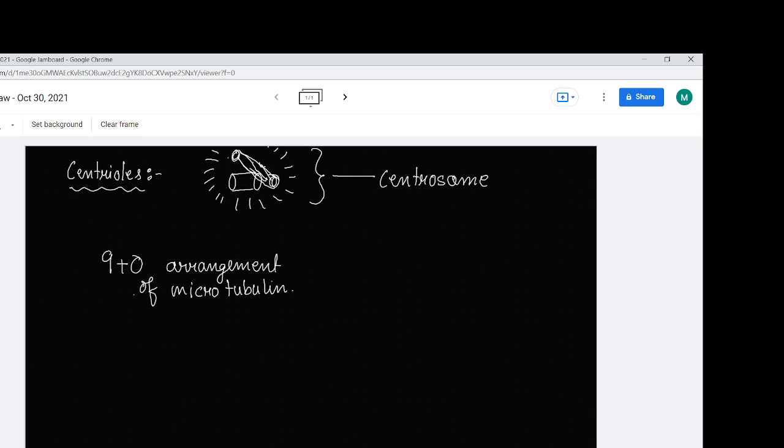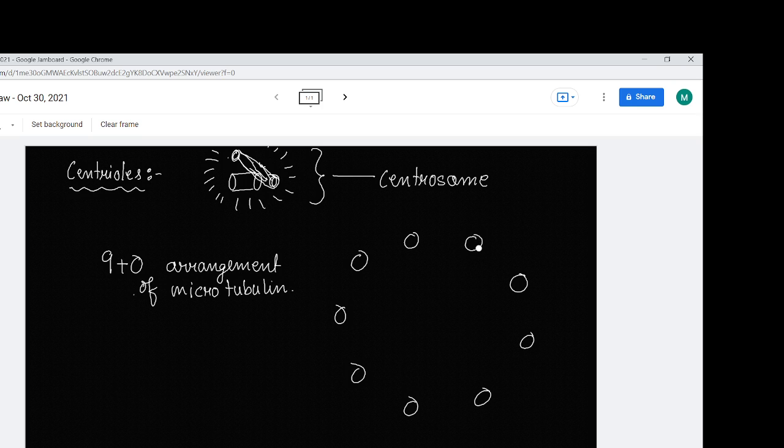You already know from cytoskeleton what tubulins are, what tubulin proteins are. So the same tubulins will form the arrangement. And now there is a 9 arrangement like that. So 1, 2, 3, 4, 5, 6, 7, 8, and 9.